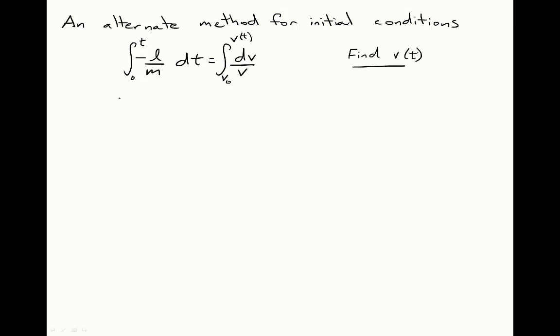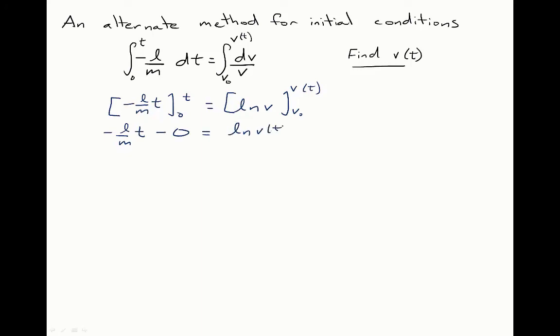Okay. So if I do this integral, I get minus L over M times t integrated from 0 to t, and I get log of v integrated from v naught to v of t. Alright, so this is minus L over M t minus 0, and log of v of t minus log of v naught.